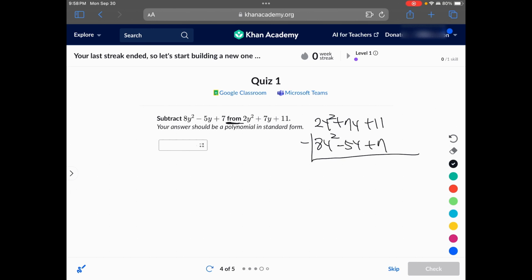Before you do this kind of stuff, you gotta make sure the degree of the terms are in order, which I already checked, so we can continue. So this is going to be -6y squared plus 12y plus 4, right? I think this is going to be the answer.